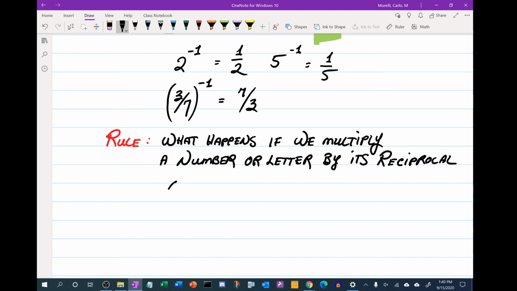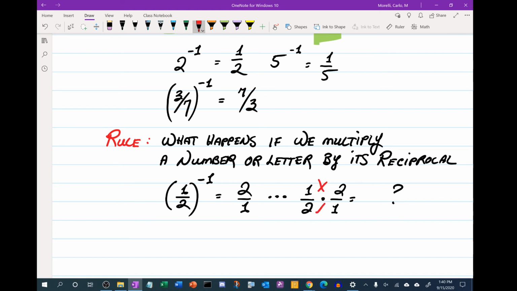Let's try figuring out the reciprocal of 1/2. Well, that's 2 over 1. Okay? So what happens if I multiply 1/2 times the reciprocal of 1/2, which is 2 over 1? What does this equal? Multiply across the top and across the bottom.